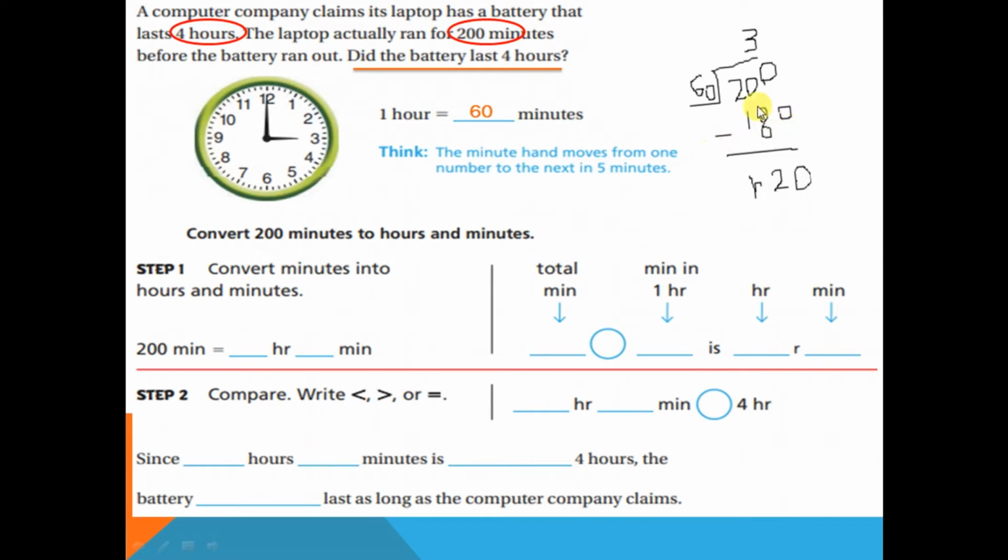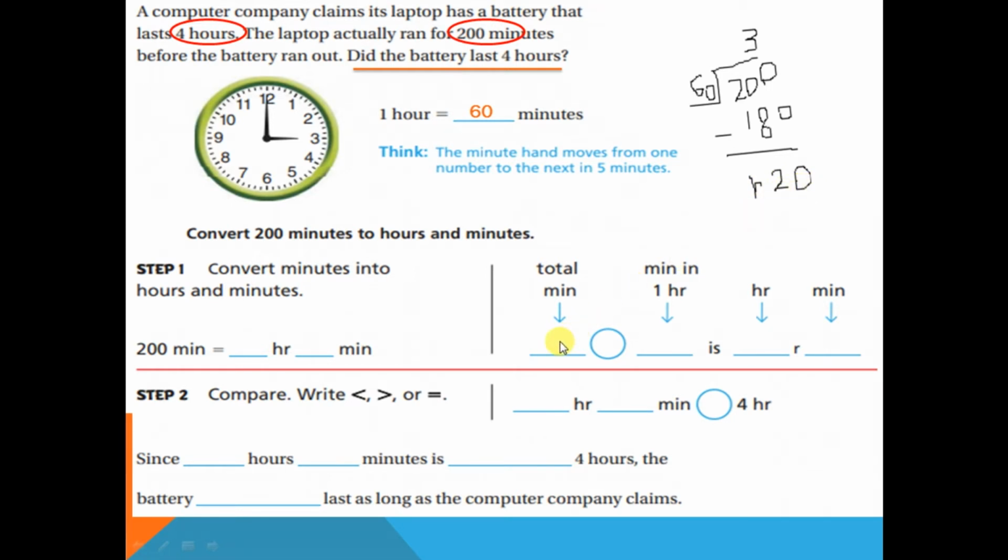Let's subtract. 0 minus 0 is 0, and 20 minus 18 is 2. So now 20 is less than 60, so I can't divide it anymore. So in this case, I keep it as a remainder. Now in the 200 minutes, there are 3 hours and 20 minutes remainder.